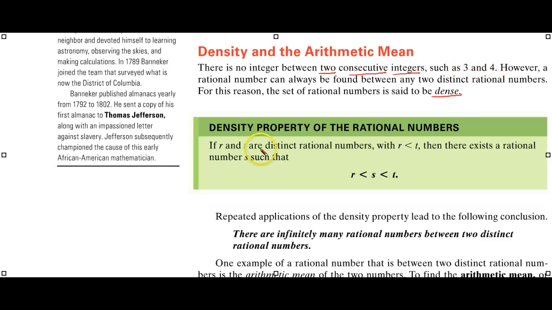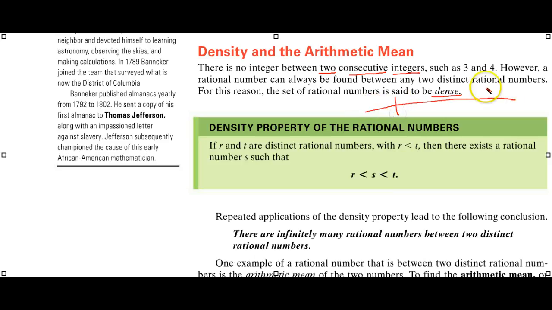Now here's the rule. If r is less than t, there exist between them rational numbers that make up set S, in a sense. So these would be on a number line.